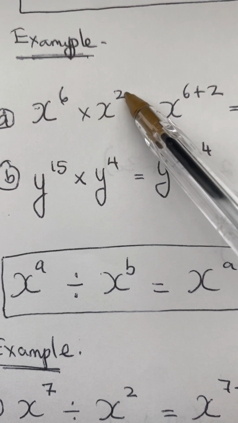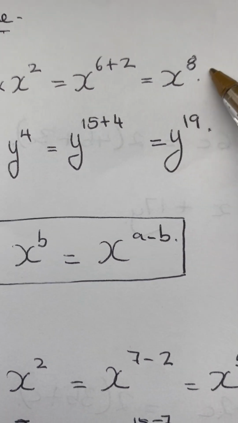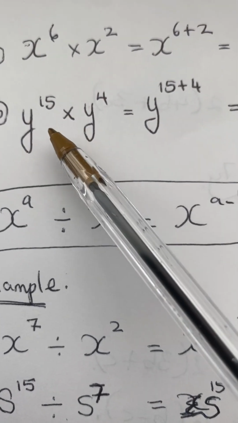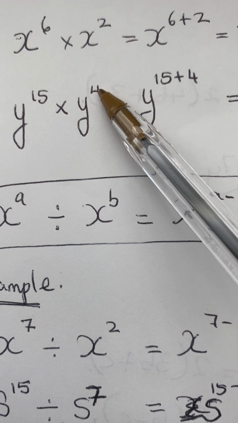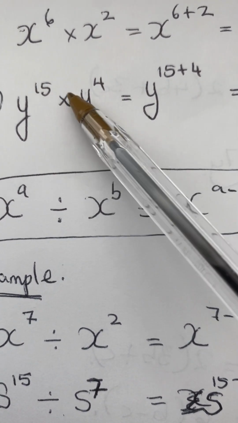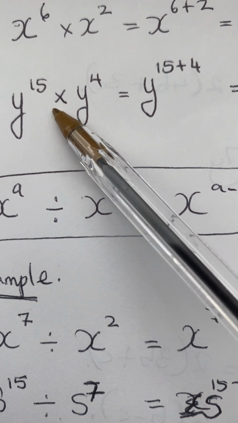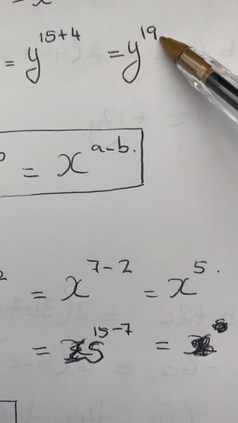We add them, that is multiplying, so we now have x to the power 8. The same way, y to the power 15 times y to the power 4: we add the 15 and the 4 if we are multiplying, not adding, and get y to the power 19.